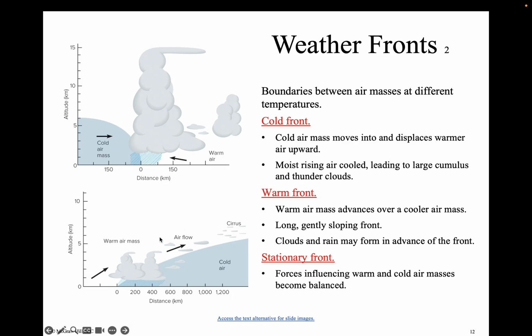You also have the warm front. The warm front is when you have the warmer air mass advancing over the cold air mass, and the warm air gradually rises over the cold air.